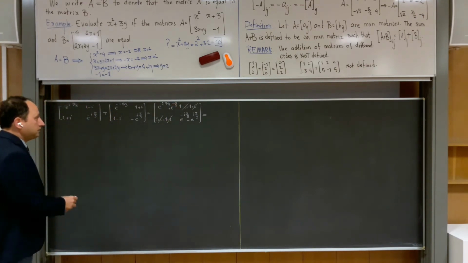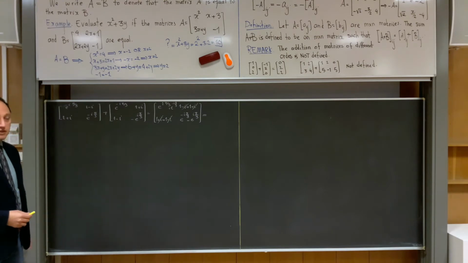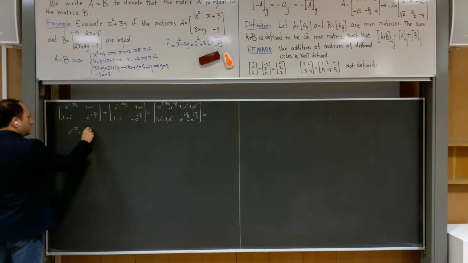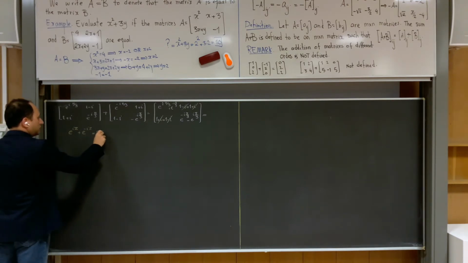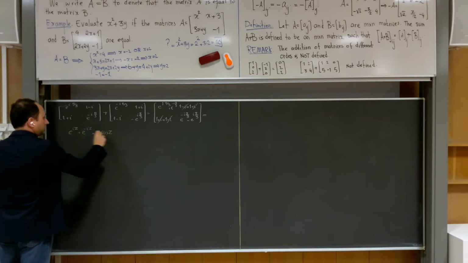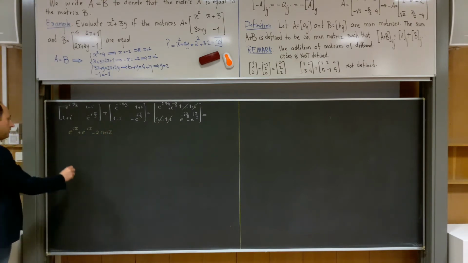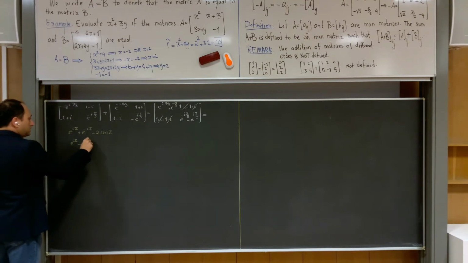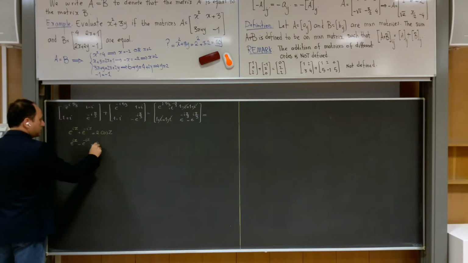But if you remember from your complex numbers studies, we know that e to power iz plus e to power minus iz is 2 cosine z. And if I have e to power positive iz minus e to power minus iz, the answer is 2i sine z.